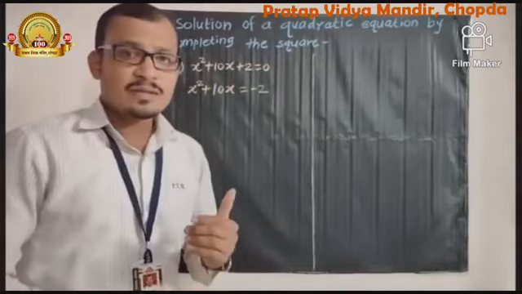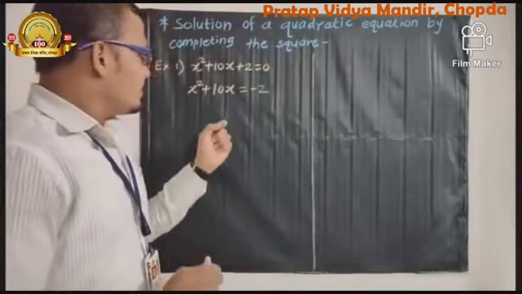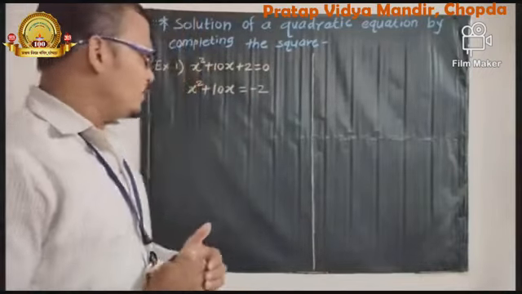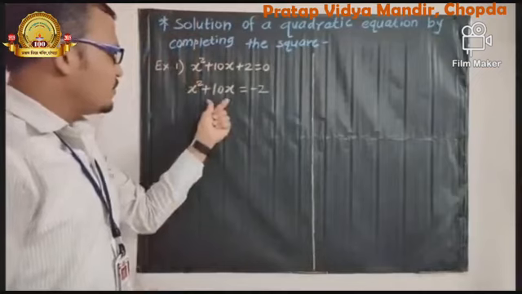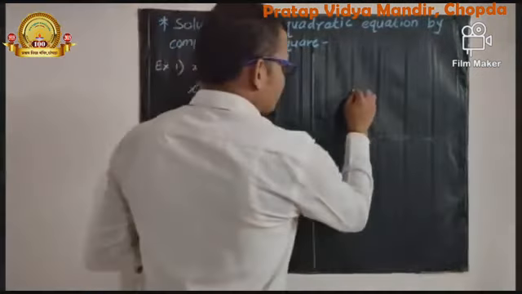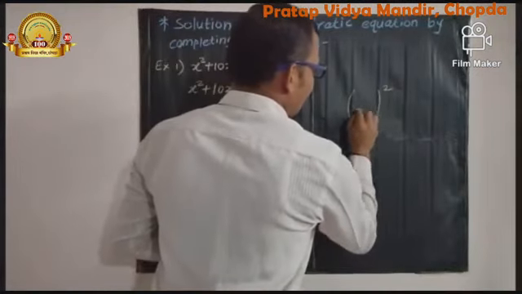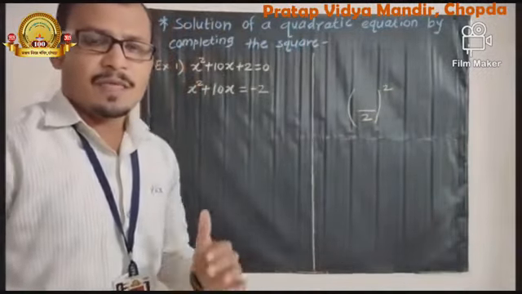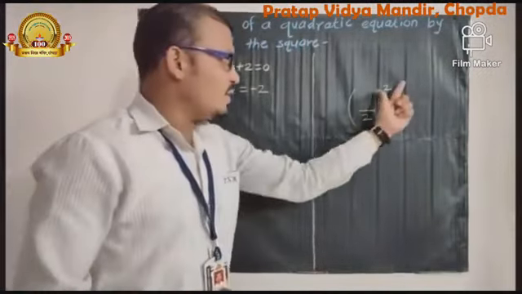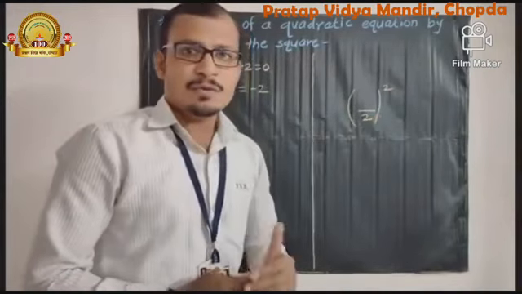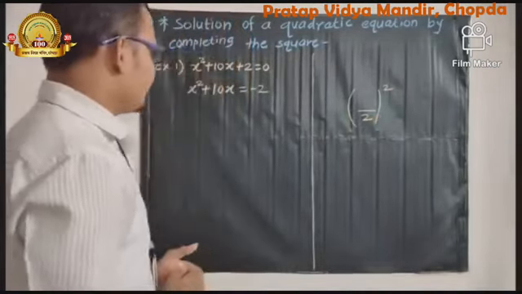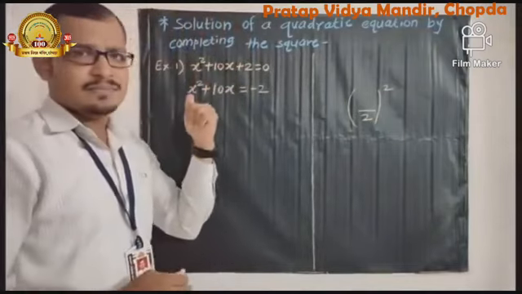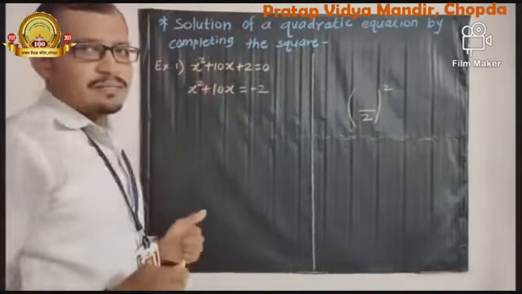Now here we have to do one very important thing. What we have to do? Here we have to do the square of half of the coefficient of the middle term. Here what is the middle term? 10x is the middle term.